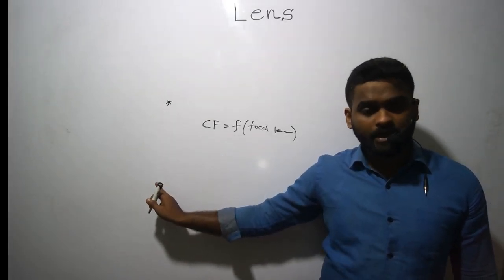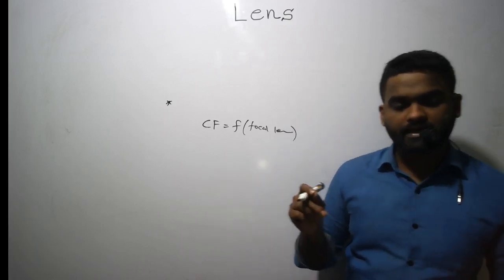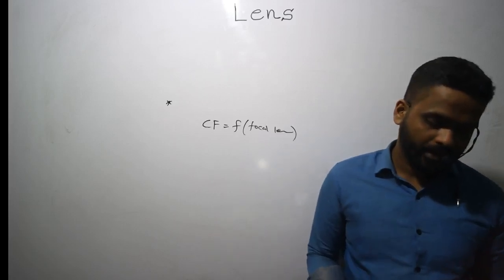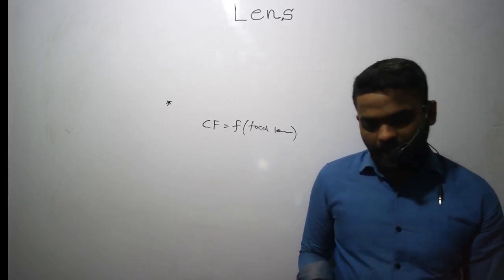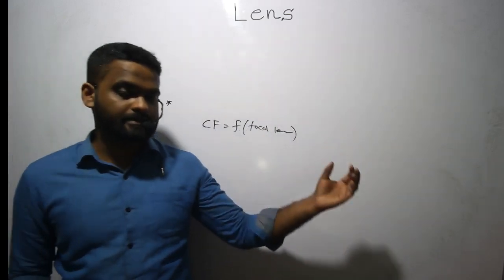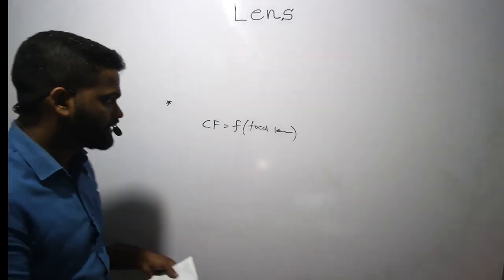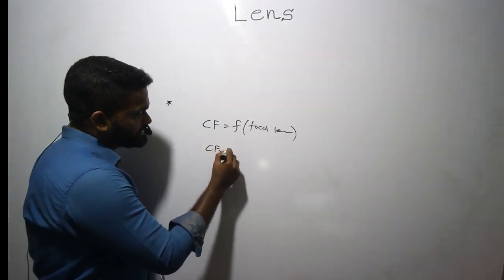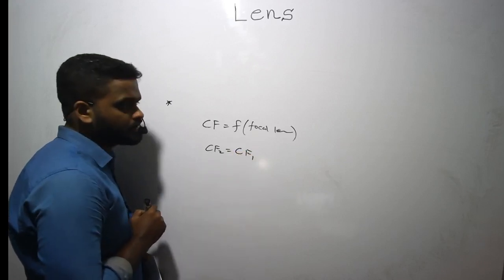Then another asterisk mark. Write down: if both sides of a lens have the same medium, then CF2 equals CF1. Do you understand that?